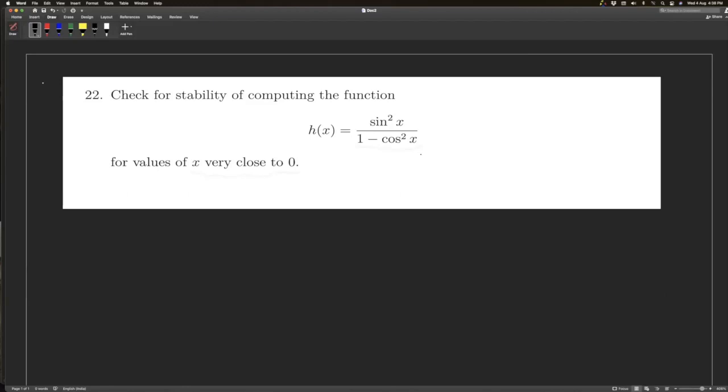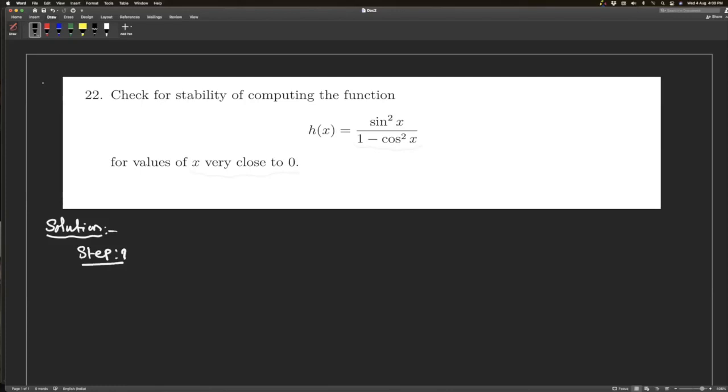If you recall, the stability of evaluating a function can be decided by checking the condition number of each step involved in evaluating the function. So we have to first split this function evaluation into individual steps, and then we have to check the condition number of each of these steps. So what is the first step that we think that the computer will do?